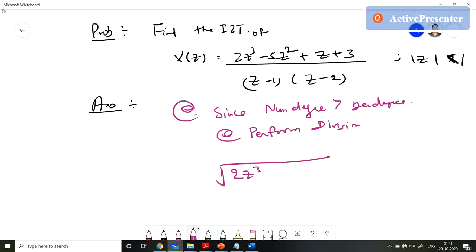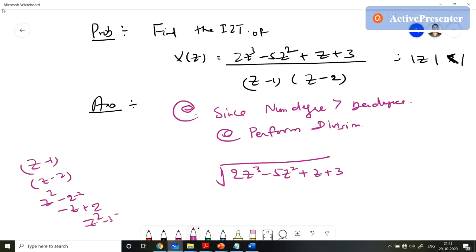So it is 2z cube minus 5z square plus z plus 3, and the denominator is (z minus 1)(z minus 2), which is nothing but z square minus 2z minus z plus 2, so it is z square minus 3z plus 2. So we are going to perform the long division.